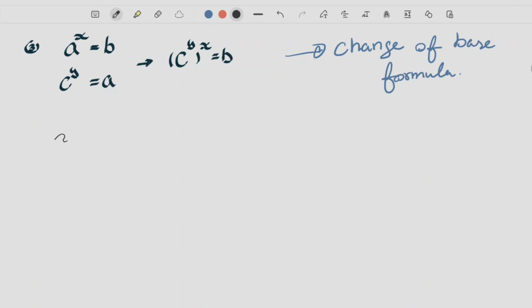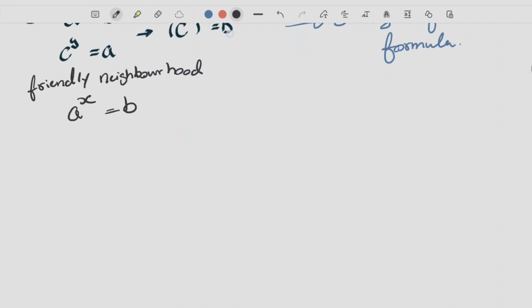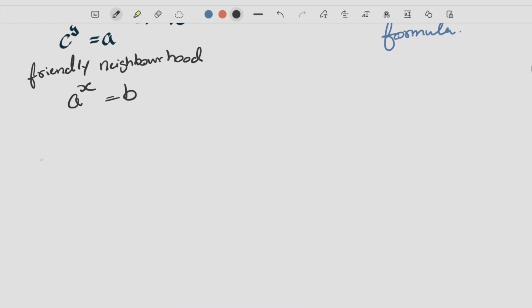Okay. So what we're going to do is take a to the x equal to b. Right? Our friendly neighborhood equation. Take log base c at both sides.